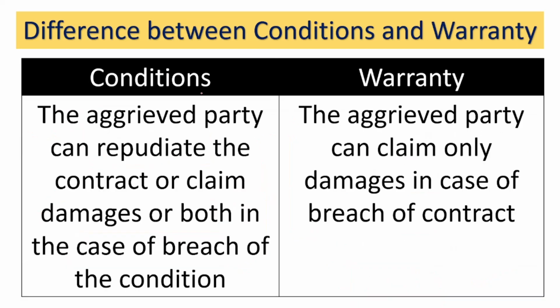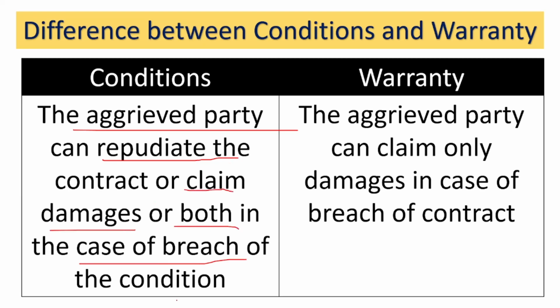Second difference is the aggrieved party can repudiate the contract or claim the damages or both in the case of breach of condition. Now the aggrieved party can either cancel the contract or claim the damages. So he has two options, or he can do both also. First he will claim the damages and cancel the contract.